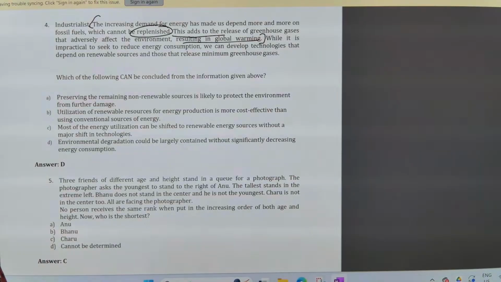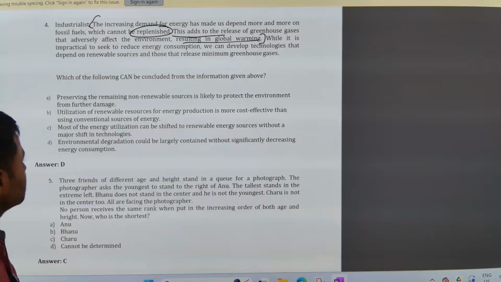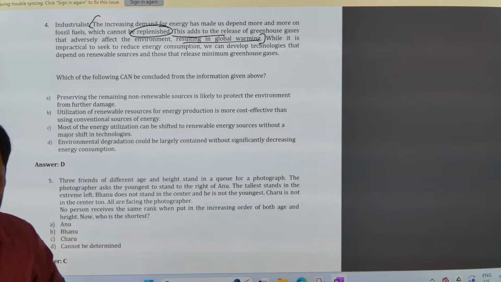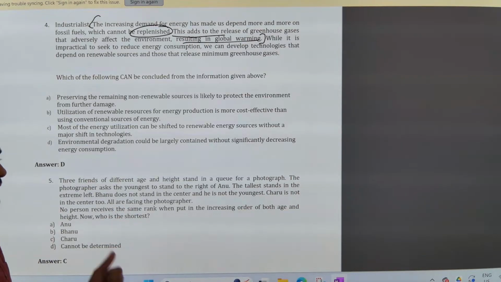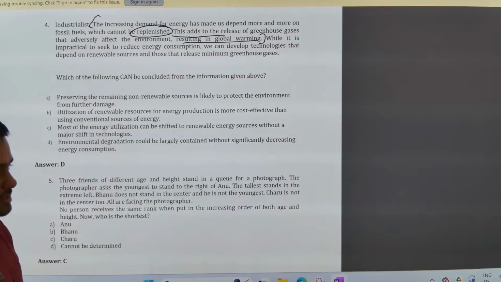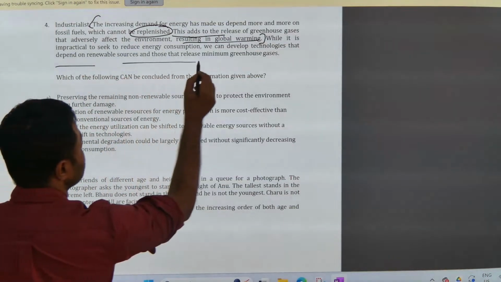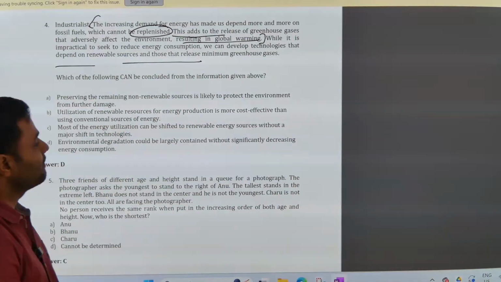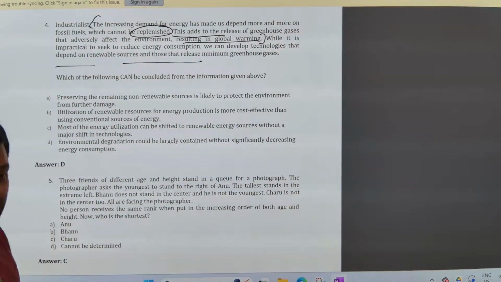Next line. Why is it impractical to seek to reduce energy consumption? So the industrialist started as if he is a big environmentalist, then he suddenly becomes an industrialist. While it is practical to seek to reduce energy consumption, we can develop technologies that depend on renewable sources and those that release minimum greenhouse gases. Right?